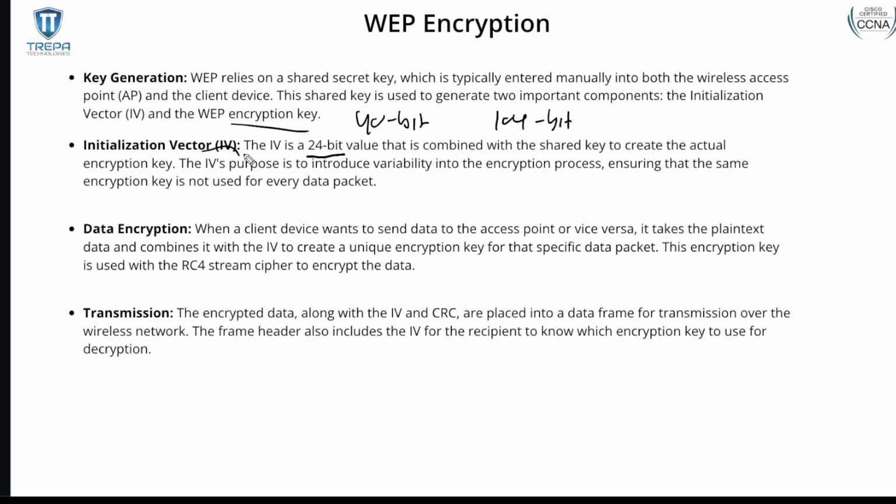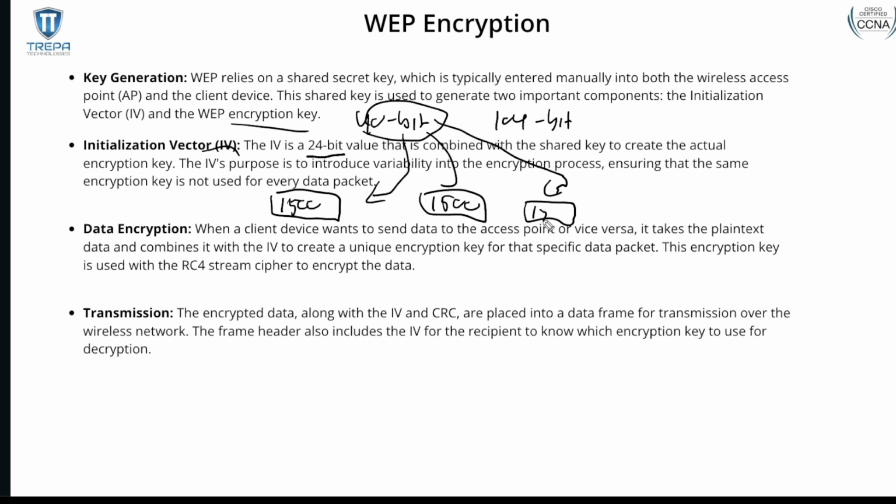Let's say we want to encrypt a packet of 1500 bytes, right? We'd use that same 40-bit encryption key. Well, what's going to end up happening if you keep doing that over and over to traffic? Someone, if they're sniffing, will eventually learn the pattern and learn how to decrypt it, because you're using the same encryption key each time.